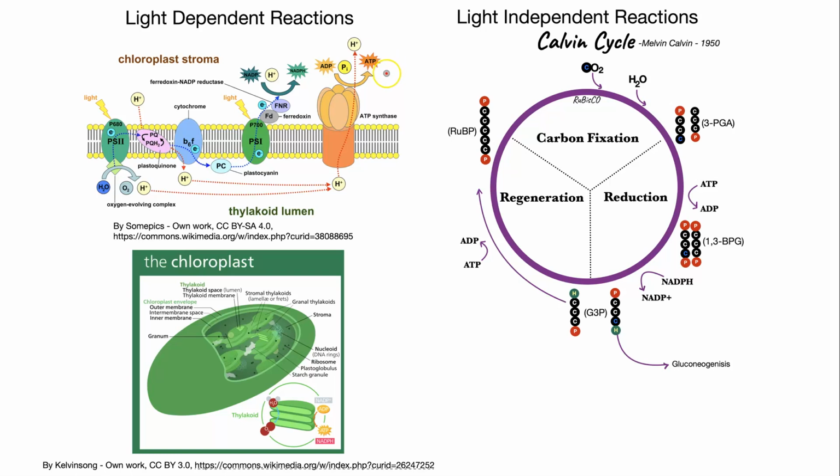All of that ATP is going to be used in the Melvin Calvin cycle. Too much to say, we'll just say Calvin cycle here. That's really important: you understand that the entire purpose of the light reactions was to set up the Calvin cycle.